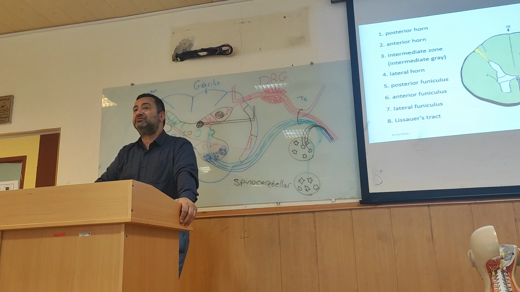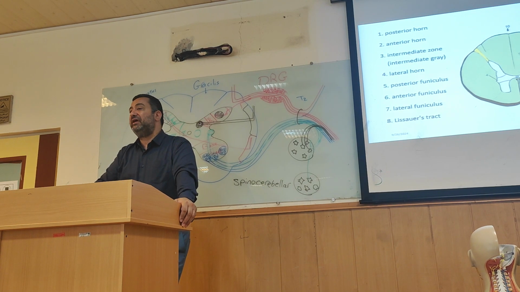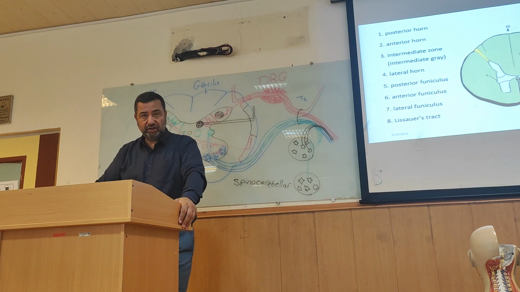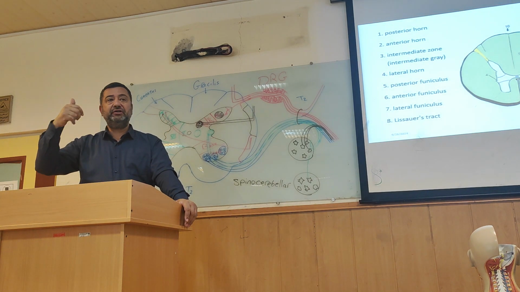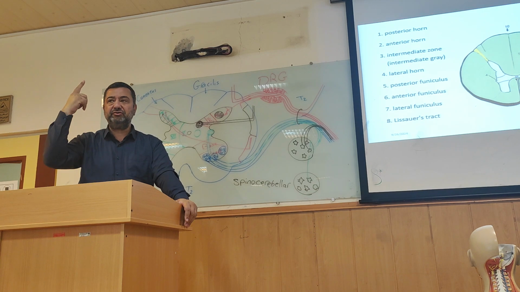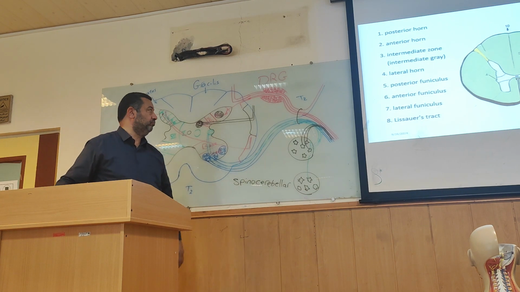Which tract on the lateral funiculus doesn't have any crossing? Posterior spinocerebellar tract. Is it clear? Yes. Okay? Anterior spinocerebellar tract has two crossings. One in the spinal cord, one in the cerebellum.